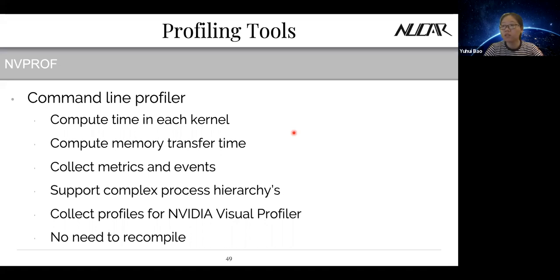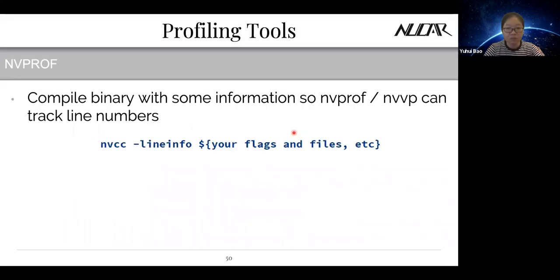One thing is that it doesn't need to recompile. You can directly run the executable you generated. If you would like to know more information, like the detailed information for each line, you have to recompile it.